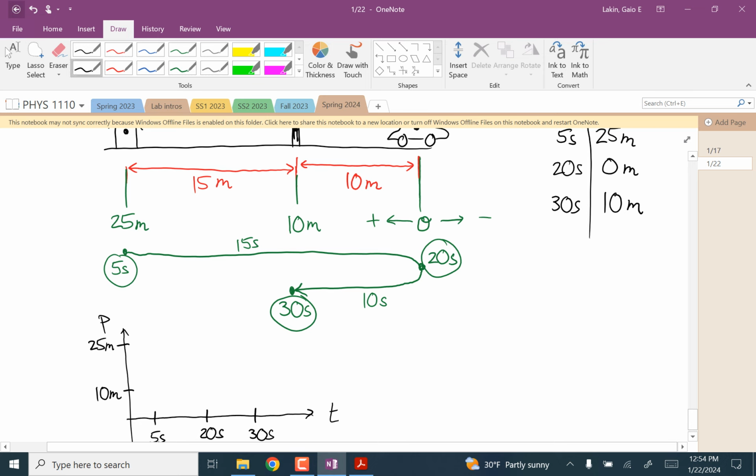The first point is 5 seconds, 25 meters. The second one is 20 seconds, 0. And the third one is 30 seconds, 10.